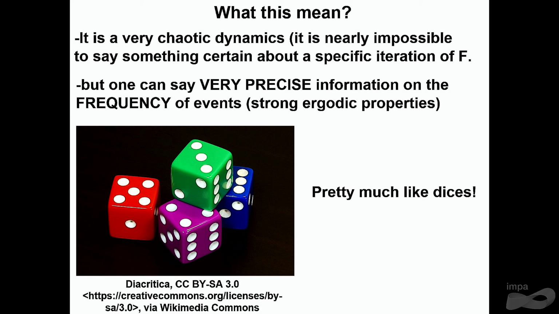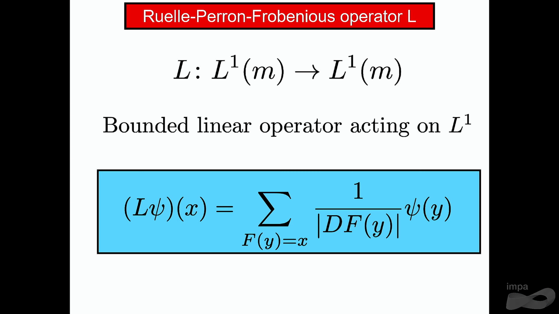These dynamical systems are extremely chaotic, so you cannot say too much about the behavior of a single orbit, but often you can say very nice things about the frequency of events, some statistical properties, and so on and so forth. It's pretty much like throwing dice. It's really random, very stochastic. It's deterministic, but at the same time very stochastic.